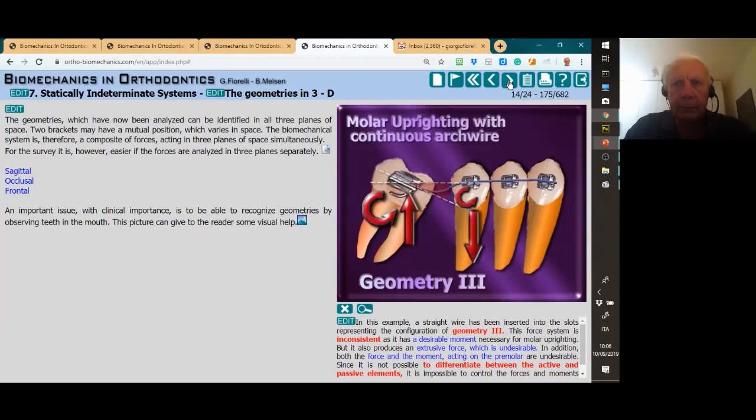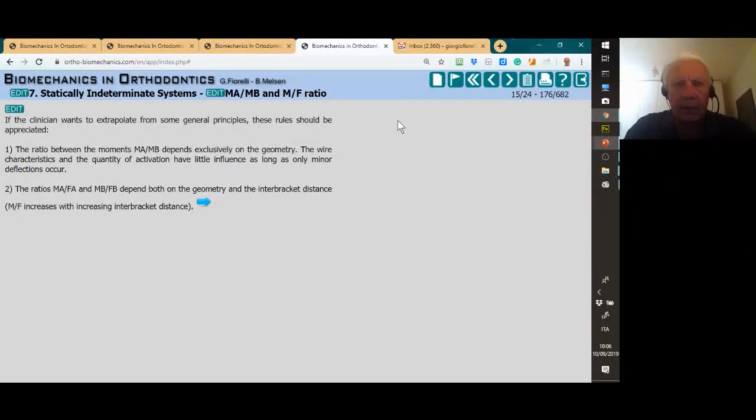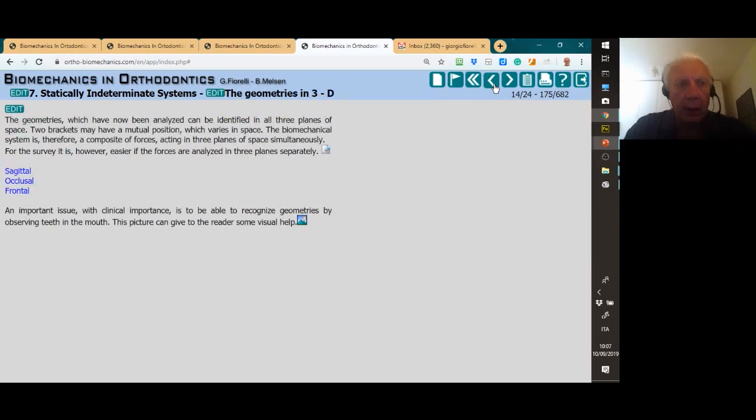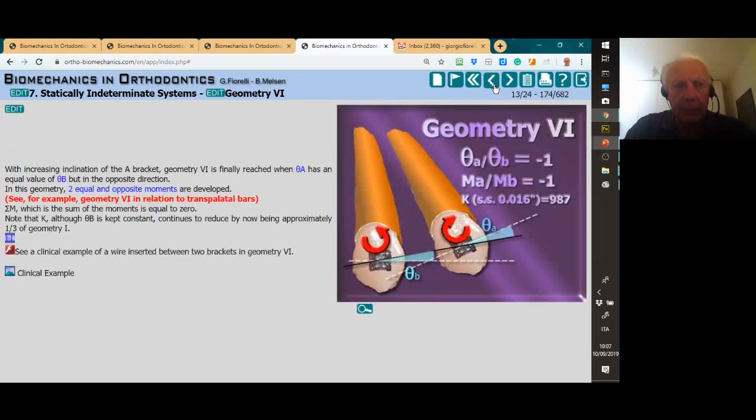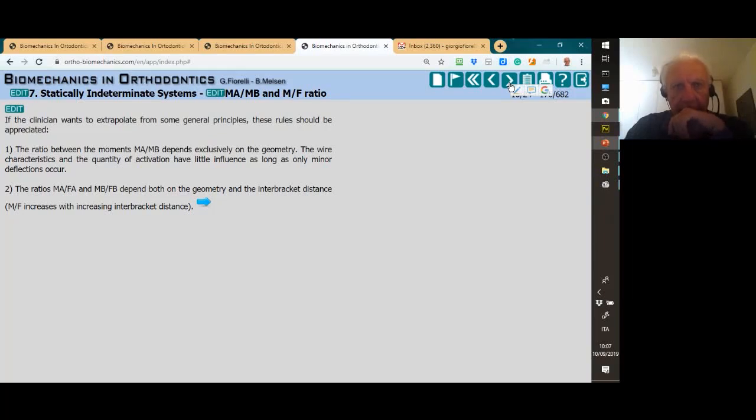As I said, we have seen before the possibility of recognizing the geometries, and we have said that the only thing we can do is just to find out the direction of force, the moments that are generated in a two bracket system.